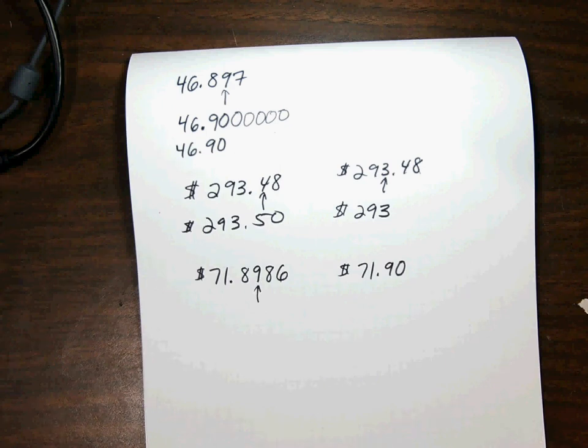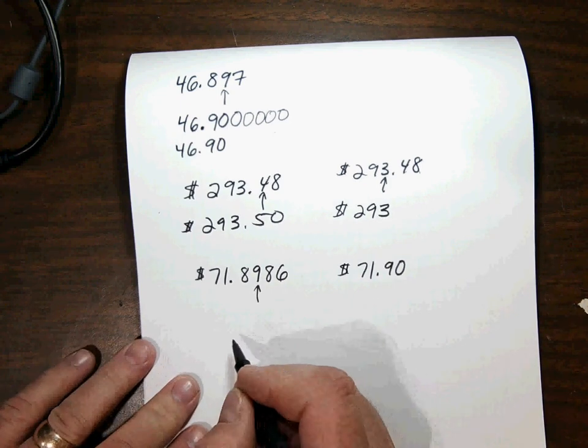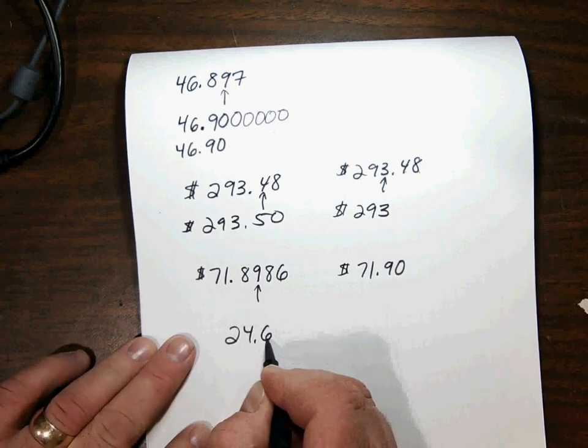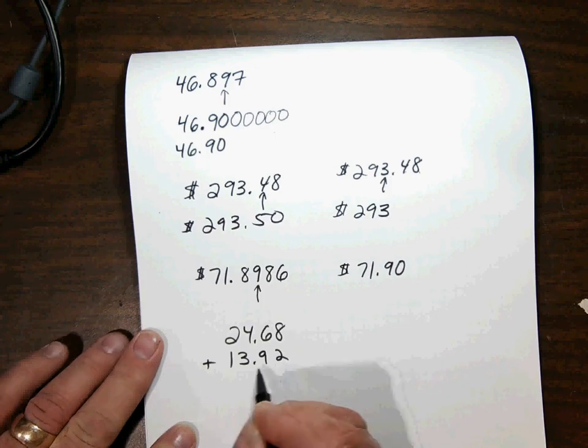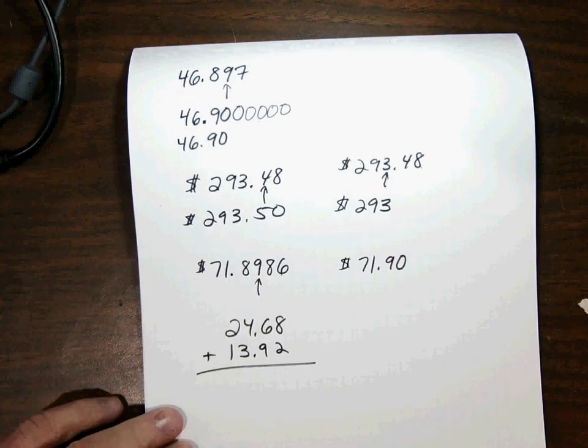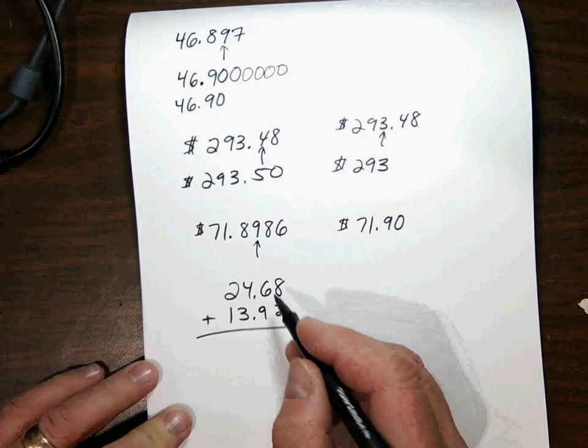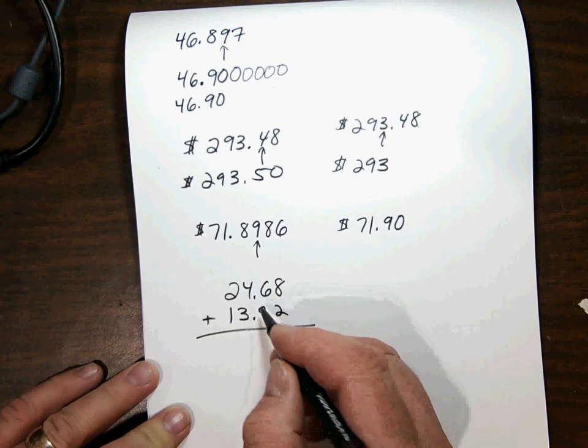When we add numbers with decimals, we just have to line the decimals up. Okay, if I were to add 24.68, and again, we have our calculator, so it's easy. With the calculator, you just plug those numbers in, but we line up the decimals here when we're adding or subtracting.